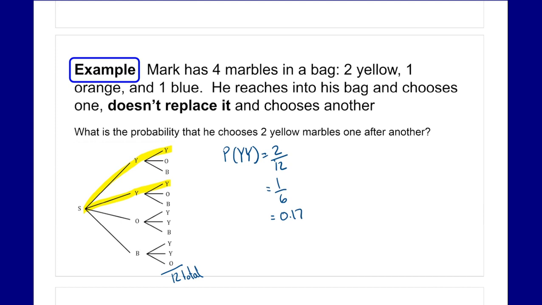So even though mathematically it almost looks the same, it's slightly different because of the scenario. The scenario changes because we're not replacing the marble when we put it back.